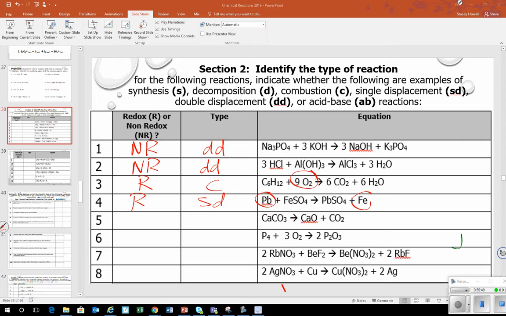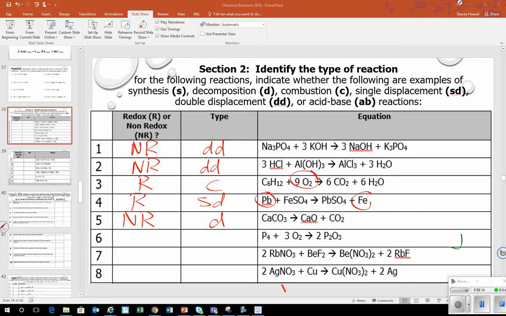Next one, compound yielding two new compounds. Is it double displacement? What is it? Decomposition is right. Decomposition, is it a redox? No, it's not a redox. Good job. Okay, next one.